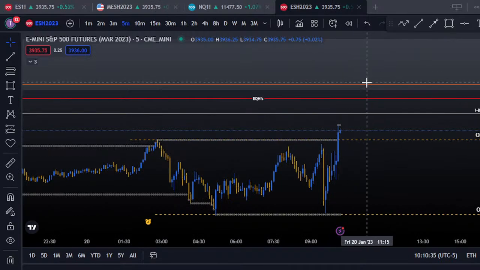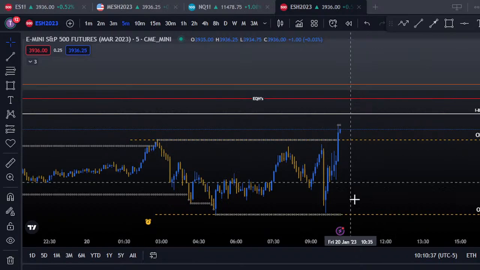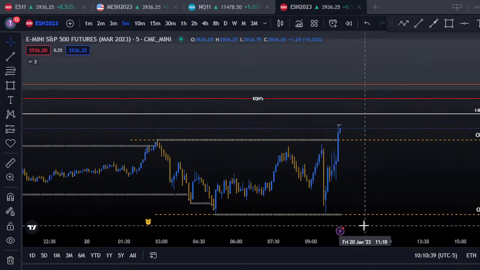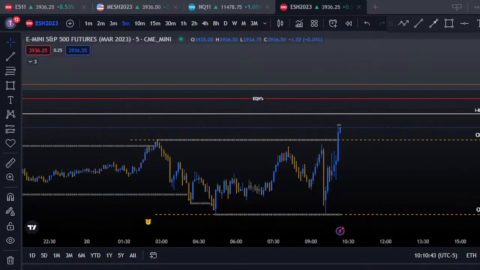I still think we want liquidity higher. Me personally, I think we want liquidity higher. So we'll see what happens.